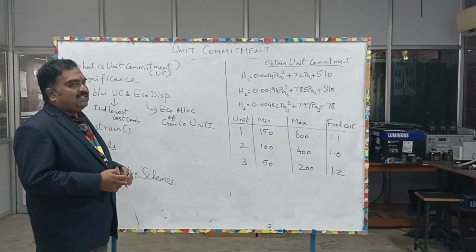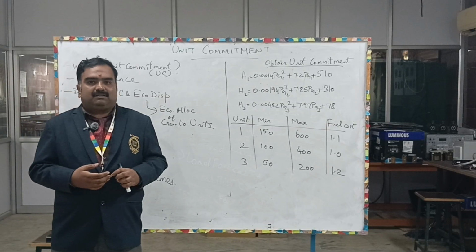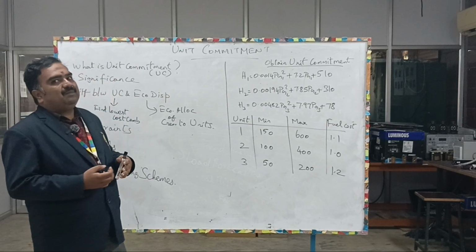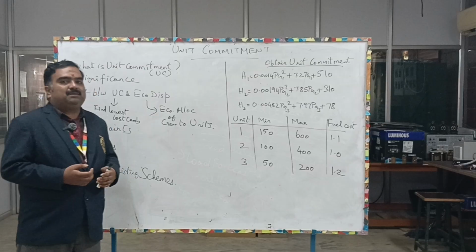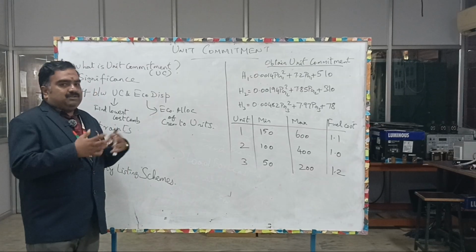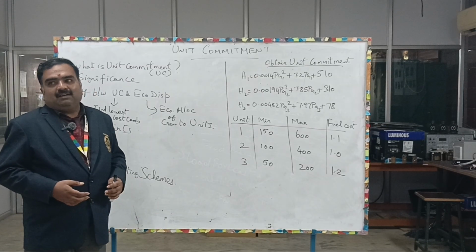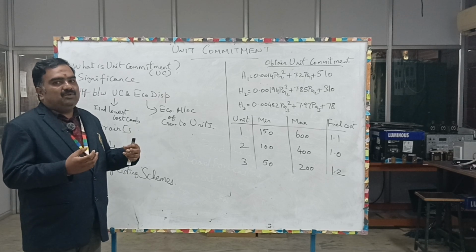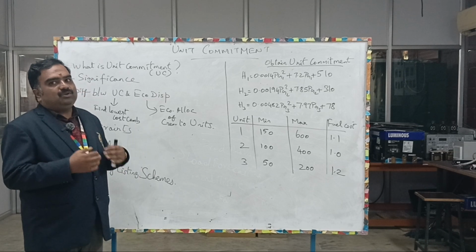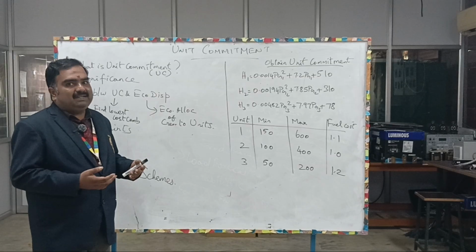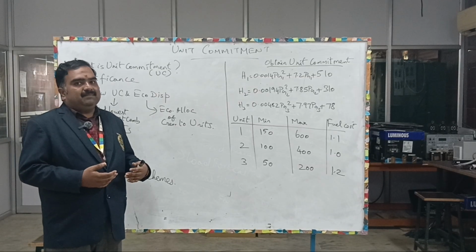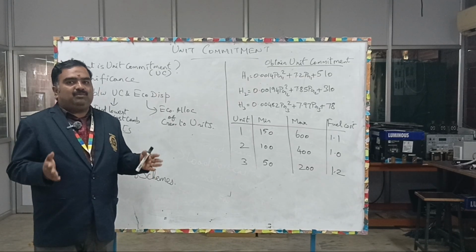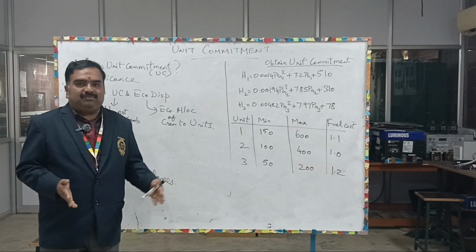Whereas economic dispatch comes after unit commitment, or you can even say colloquially that economic dispatch is a subproblem of unit commitment. Why? Because once you have found out the n number of units, economic dispatch tells you how to utilize the units, how to load the units based on the dynamically varying demand. For one particular demand we have found out the units.